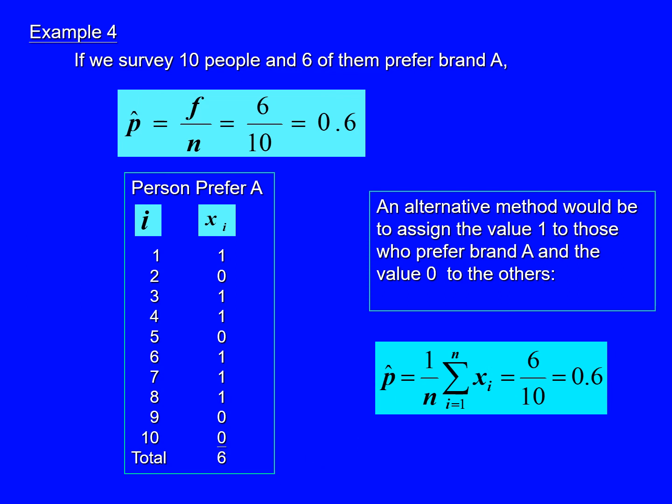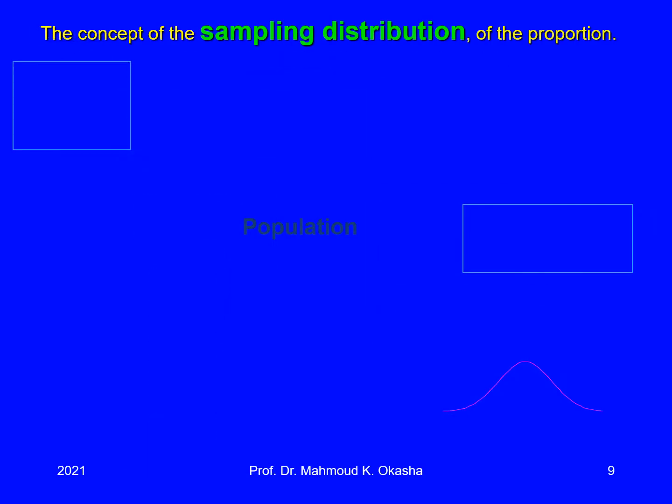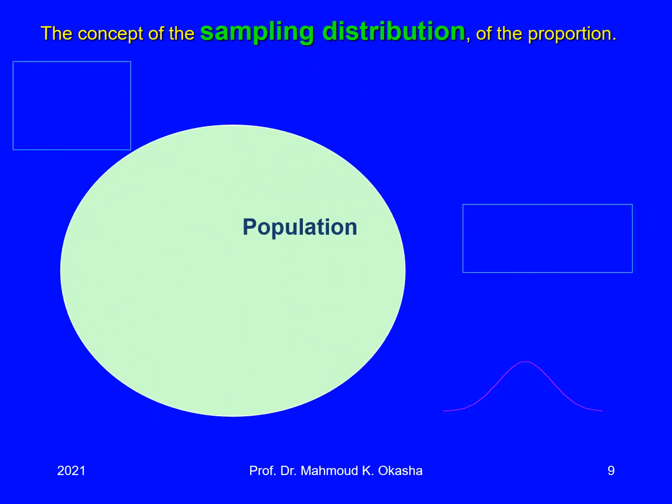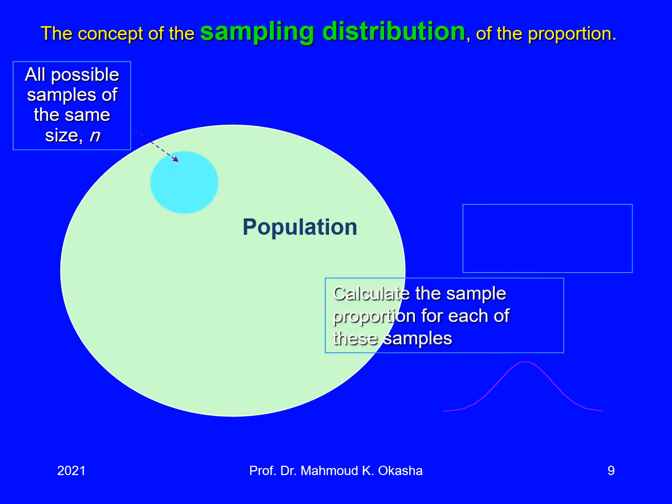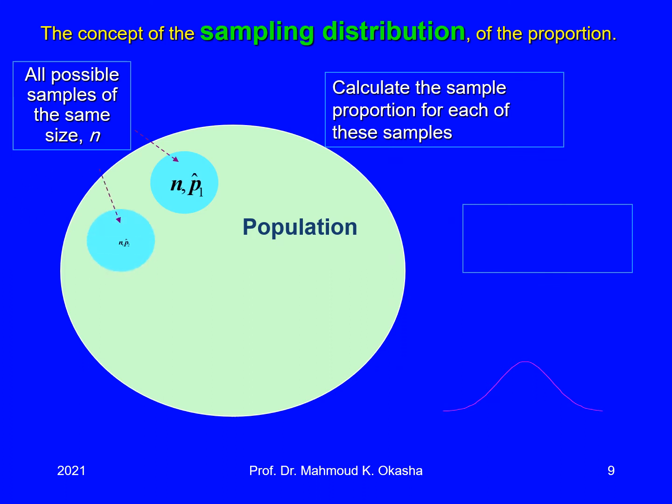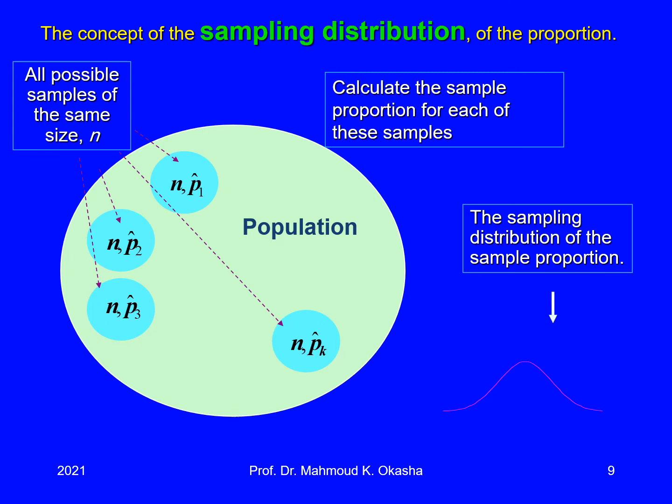Now we calculated the proportion. Then we want to know the sampling distribution. So like the case of the sample mean, for the sample proportion, if we have a population like that and we have samples from that population and calculate the sample proportion, we have k samples, for example, each of size n.